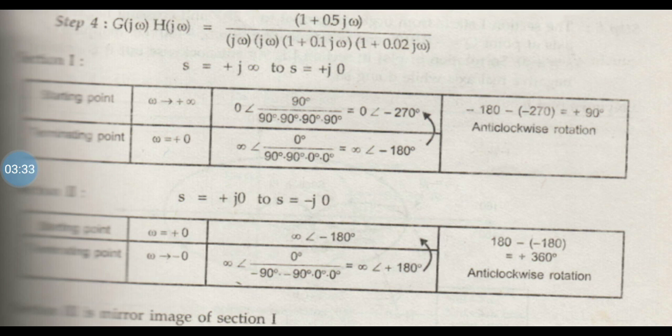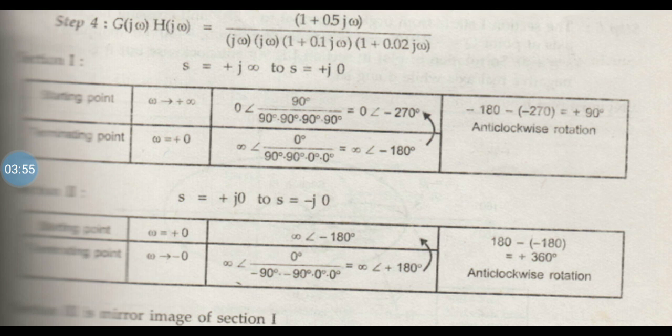So the angle will come minus 270 degrees. How is it minus 270 degrees? Plus 90, minus 90, minus 90, minus 90, minus 90. So plus 90 and one minus 90 will cancel, and 3 minus 90s will remain, which is minus 270 degrees.